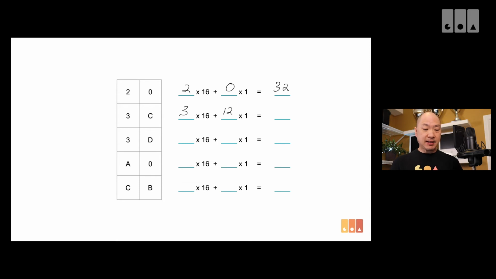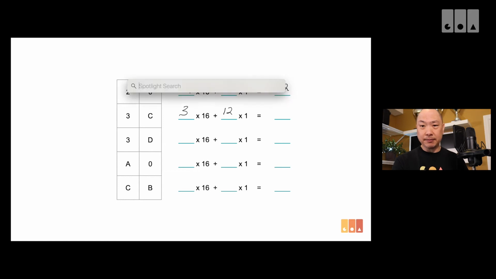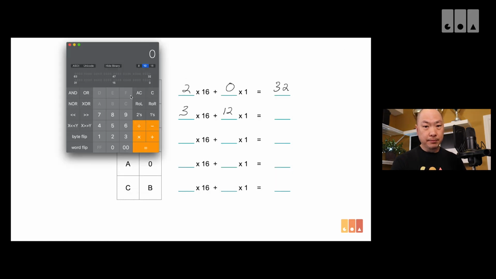So 3 times 16 plus 12. What's that? Well, let's bring up our calculator. Okay, 3 times 16 plus 12 equals 60. So this gives us 60.